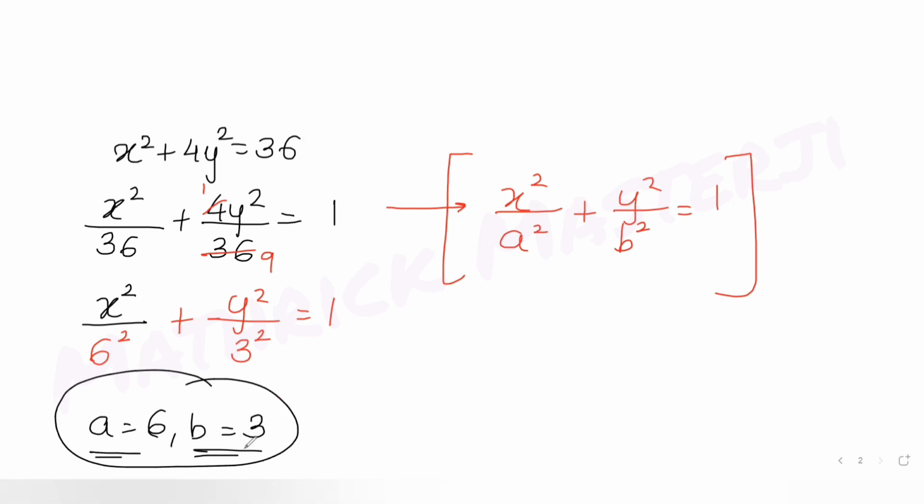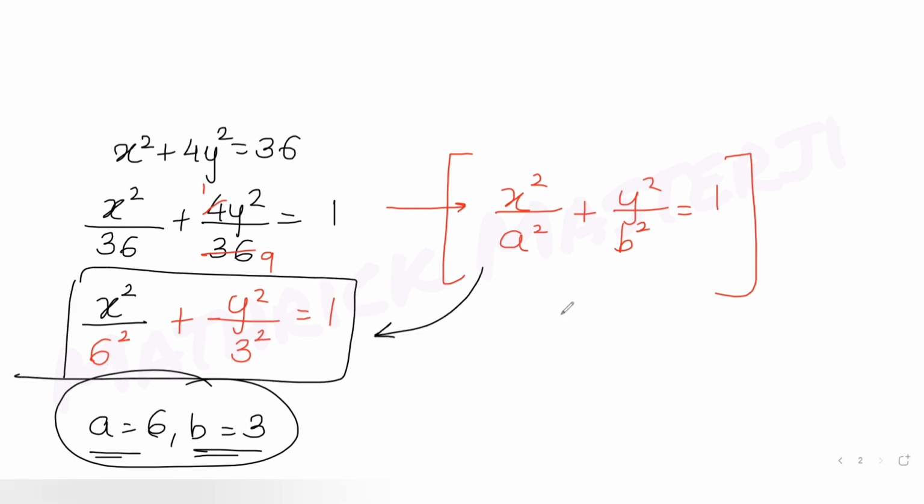Now that I have a and b, comparing with the general form of the ellipse tells me the ellipse is centered at the origin, that is (0, 0). The semi-major axis, the maximum value a, is 6 along the x-axis, and this 3 is the semi-minor axis along the y-axis.